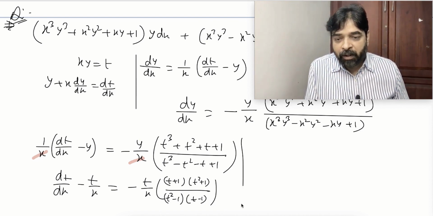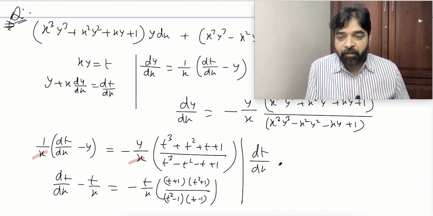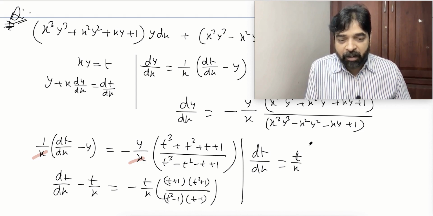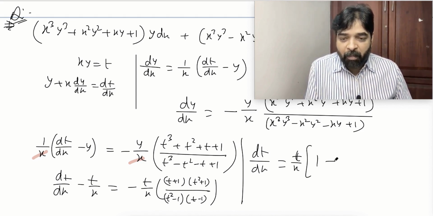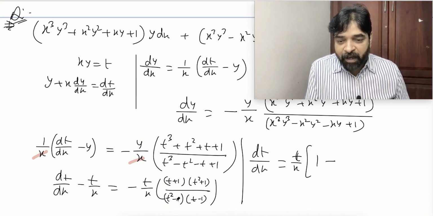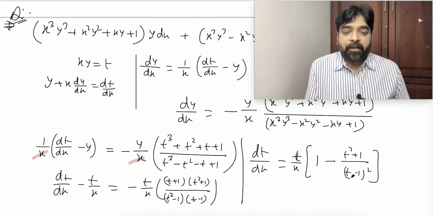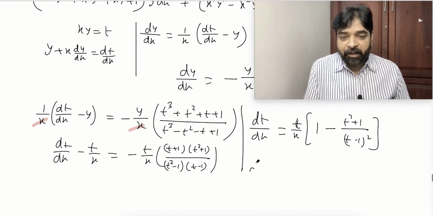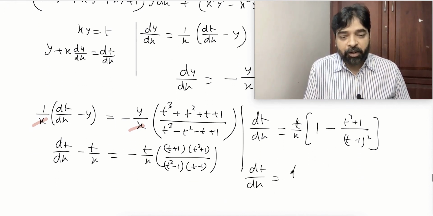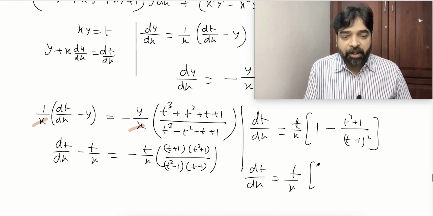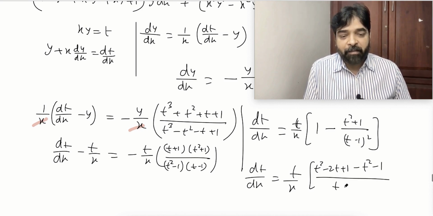Yes. So dt by dx will be equal to, if you take it, t by x common, and what will be left? 1 minus, with t by x already taken common, t plus 1 will get cancelled, t minus 1 will leave t square plus 1 by (t minus 1) whole square. Taking LCM, you will get dt by dx is equal to t by x into (t square minus 2t plus 1 minus t square minus 1) divided by (t minus 1) whole square.